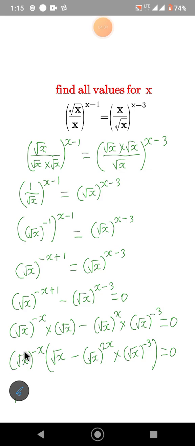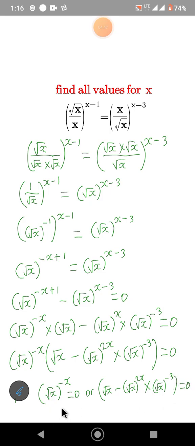Then from here now, this will be equal to 0, while this expression also will be equal to 0. So we'll write it down. Root x raised to the power minus x equal to 0, or root x minus root x raised to the power of 2x times root x raised to the power minus 3, close bracket, equal to 0.